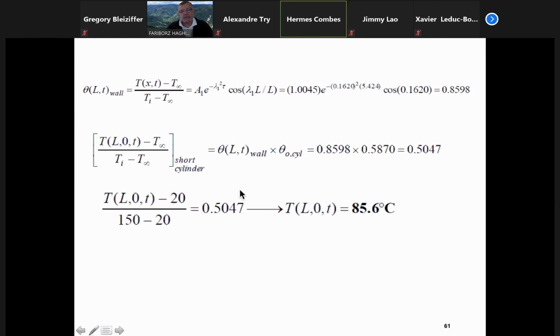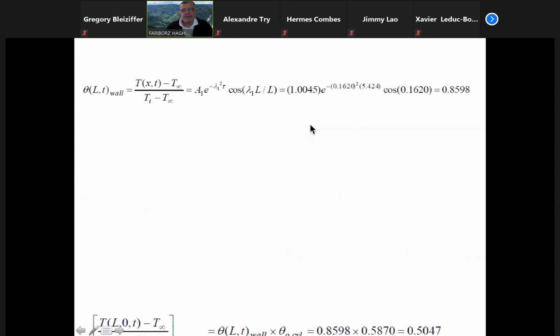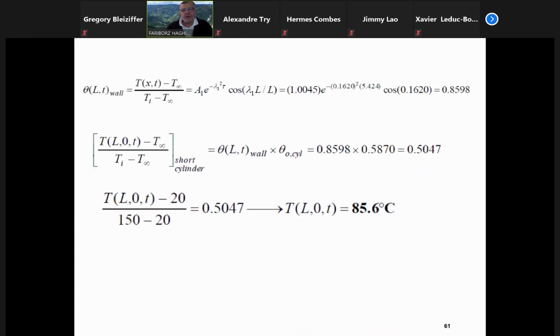Now look at here, just one question. We find the temperature at the center, it was 86.5. And we find that the temperature on the exterior surface of the wall on the top is 85.6. What does that mean? What conclusion do you make? You raised it at the beginning.